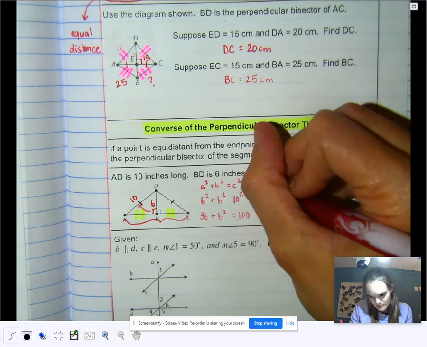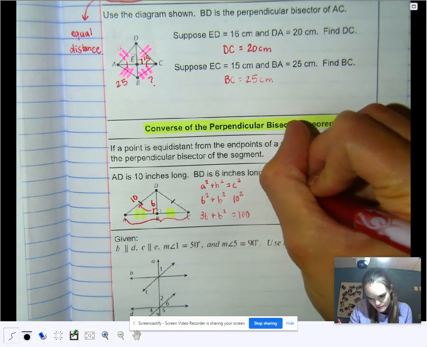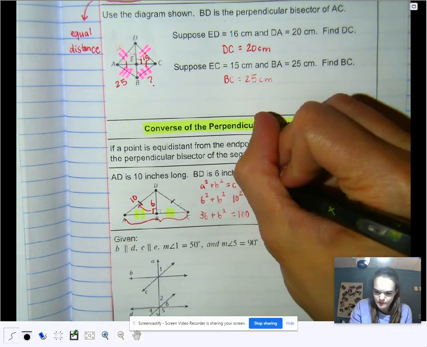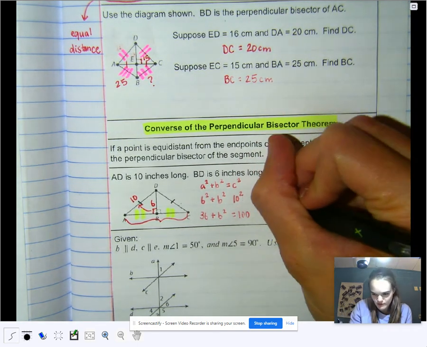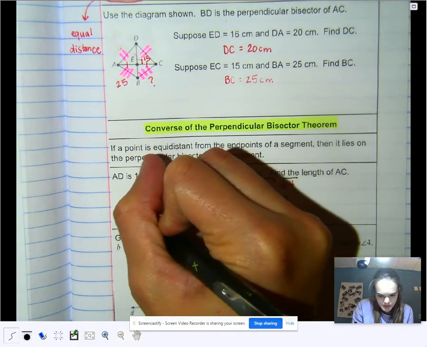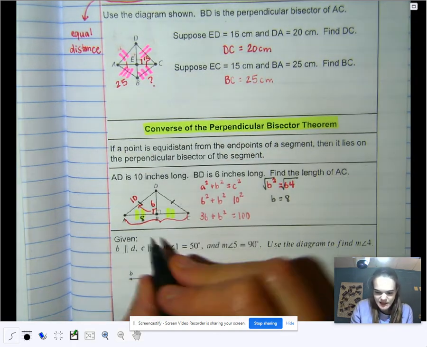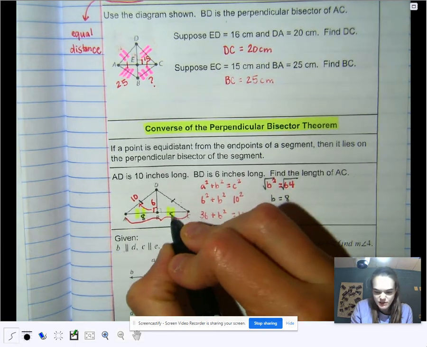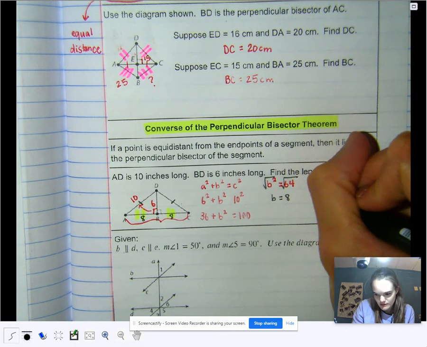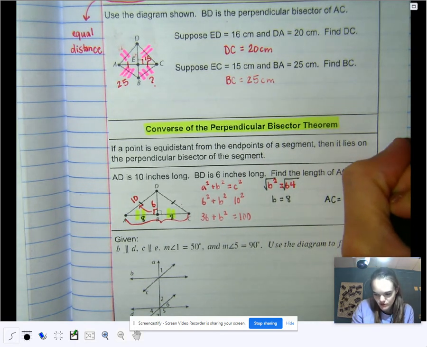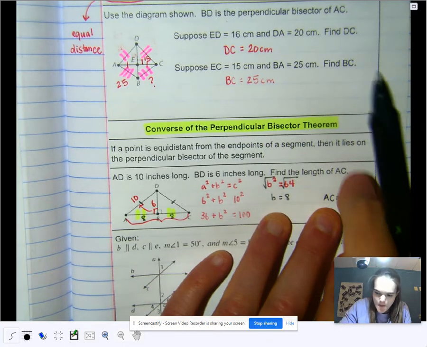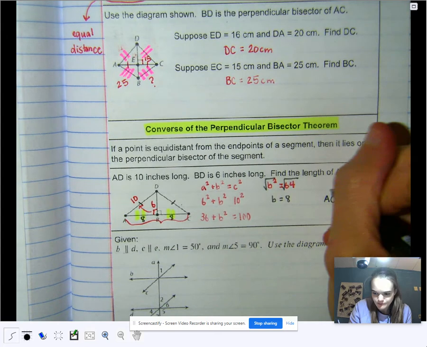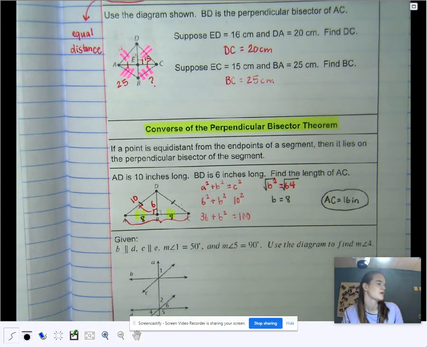Subtract 36 and you get b squared equals 64. Take the square root and you get b is 8. Well, that means AB is 8. But to find AC, AB is 8, BC is 8. So that means AC is 16 inches. And I almost put centimeters on accident.